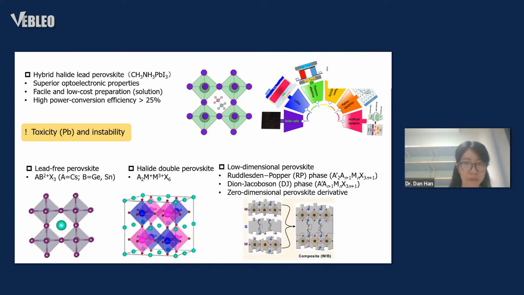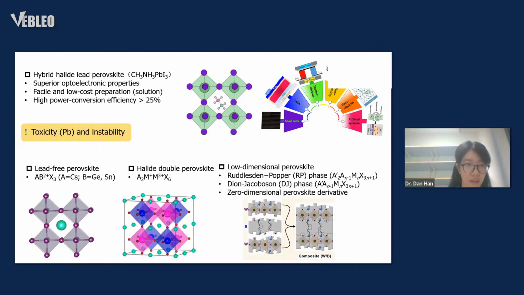However, the biggest challenge for hybrid halide lead perovskite-based solar cells is their toxicity and instability.